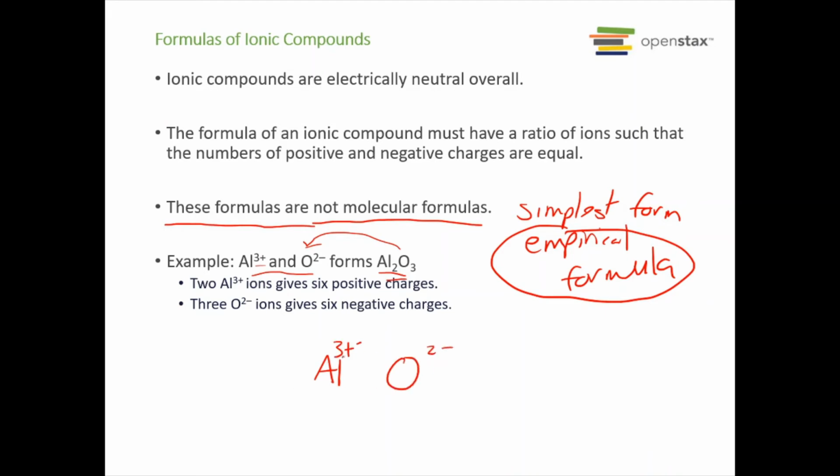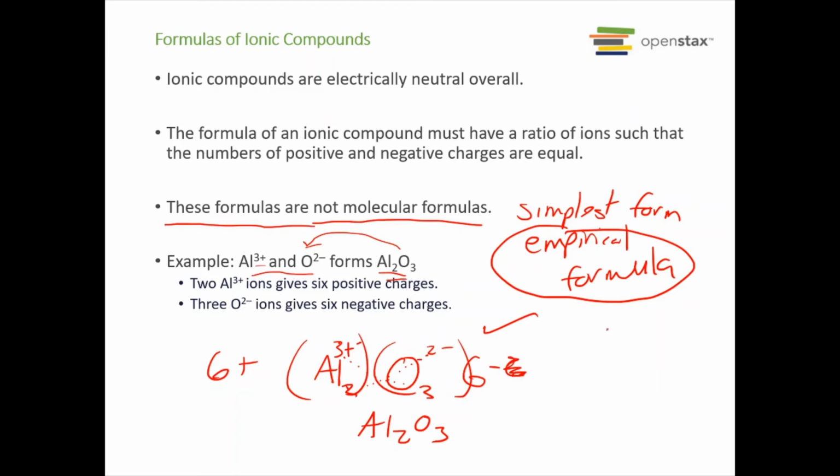I can bring this 3 down here, and I can bring that 2 down here, and I have Al2O3. How do I know that works? 2 times 3+ gives me 6+. 3 times 2- gives me 6-. So 6+ and 6-, neutral. I know that's good.